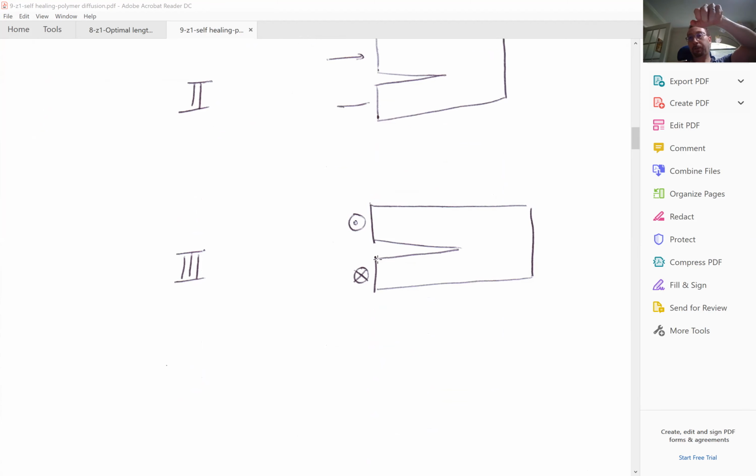So basically, imagine this is a loading that goes through. This is the loading that comes out. So you're trying to open the crack. Like if this is the initial crack, you're opening it like that. Whereas in case 2, you were opening it like that. And in case 1, opening like that. 1, 2, 3.